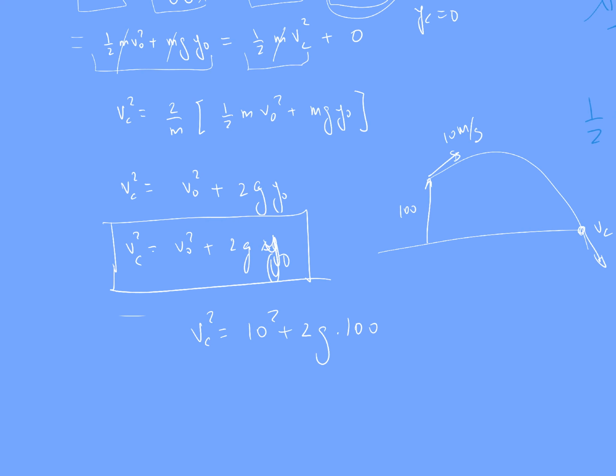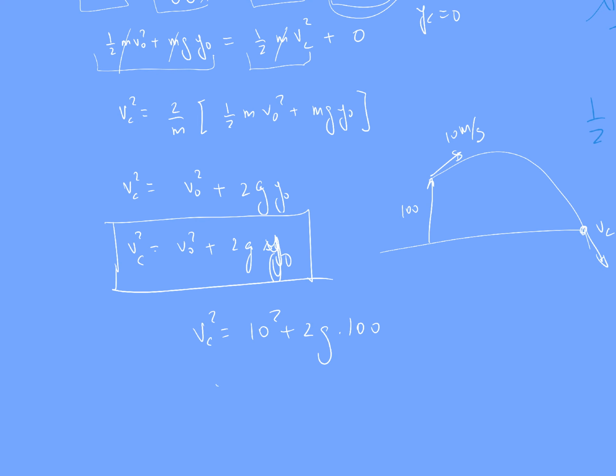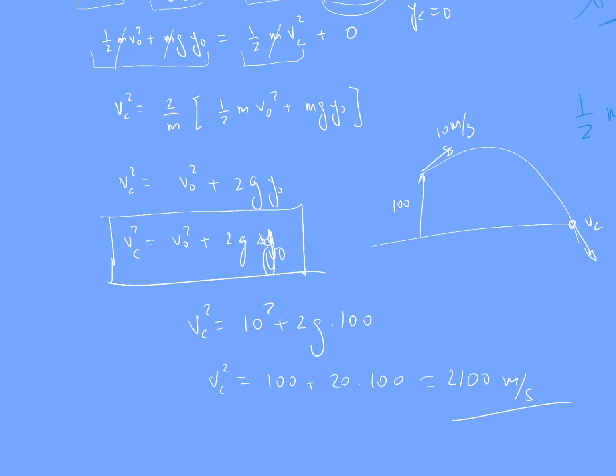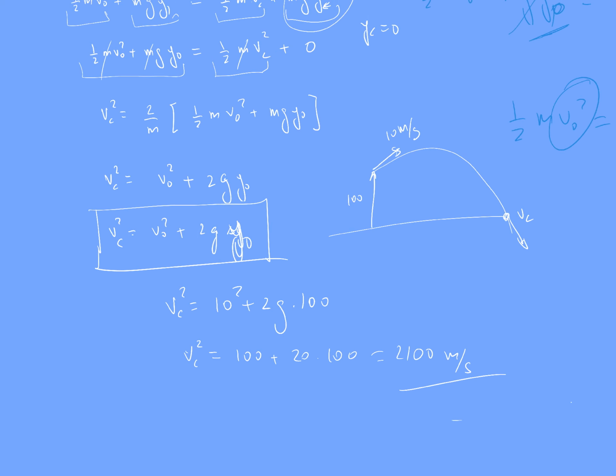So the velocity Vc squared, if you launch a body like this, will be 100 plus 2 times 10, which is 20, by 100, 2,000, 2,100 meters squared per second squared. Wow. So let me see if I did the calculation correctly.